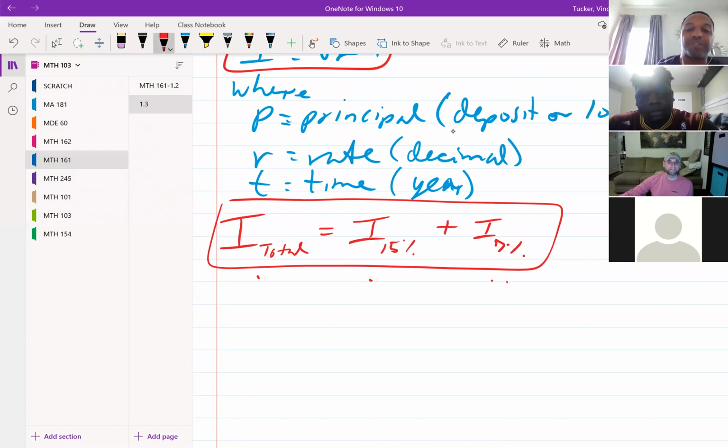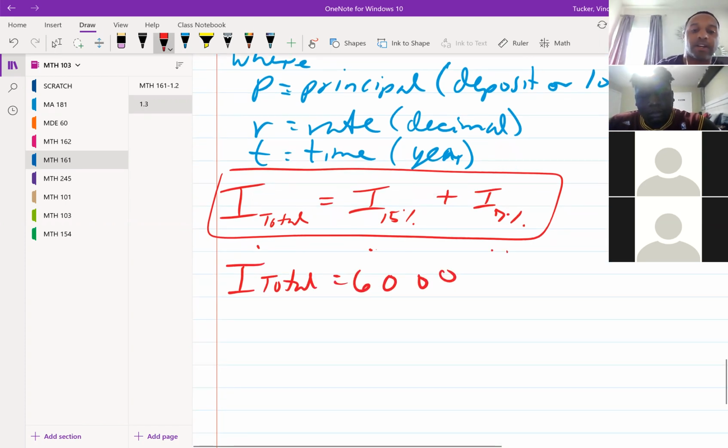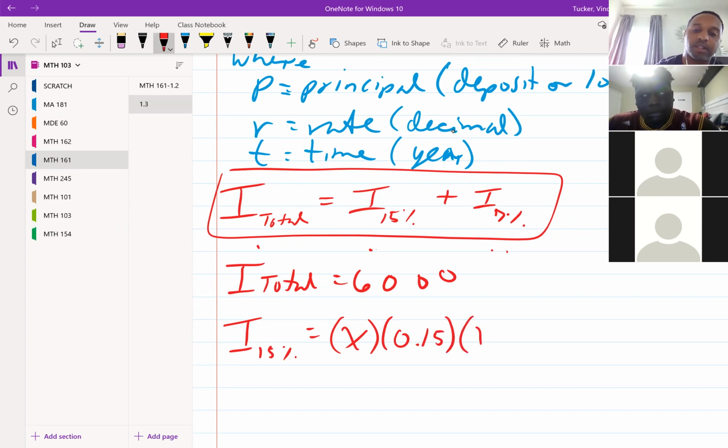So the total amount is 6,000. That's what we want to get. So that's just going to be the number 6,000. Now the 15% is going to be P times R times T. P was x, R was 0.15, and the time is 1.